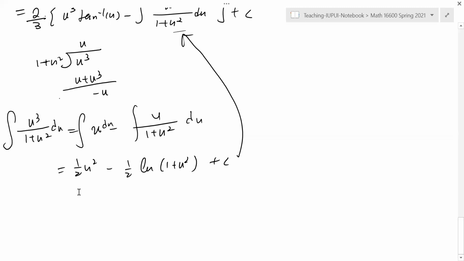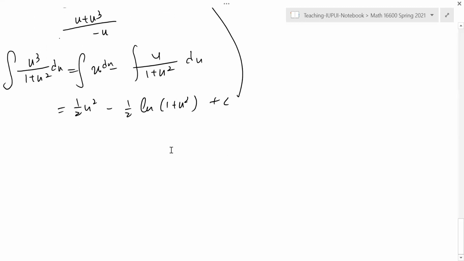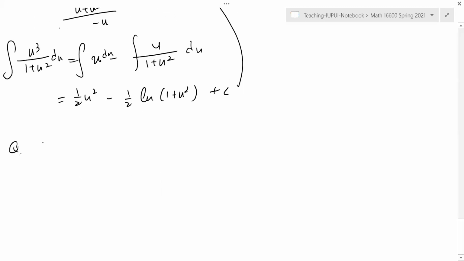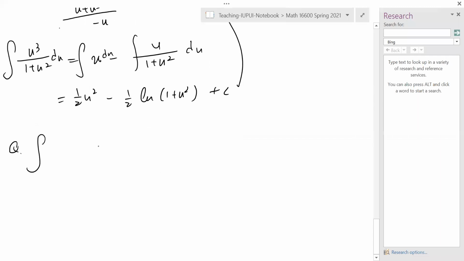Okay, so let's try another problem. This time it's a little bit simpler. So still it's the inverse of tangent of square root of x, and then the square root of x dx. Let's try this.